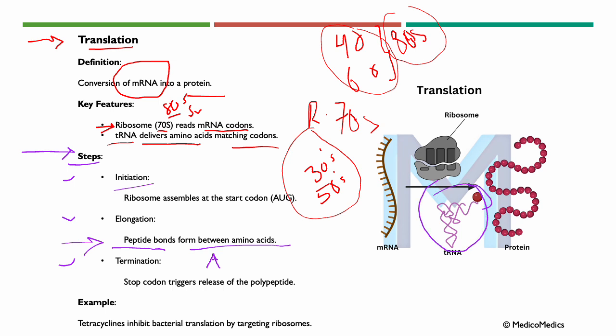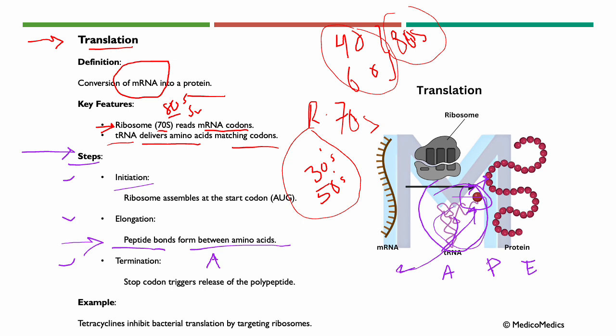In the P site, peptide bonds form between amino acids. And in the exit site, the empty transfer RNA, remember, it has delivered its amino acid and is now empty, leaves the ribosome.